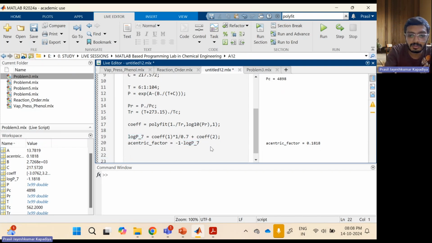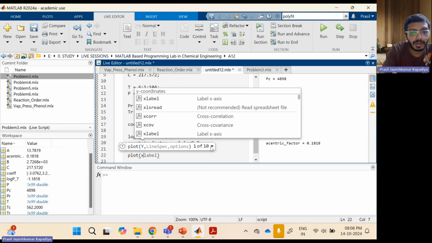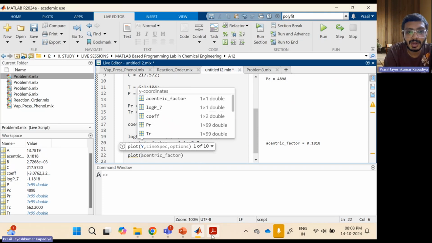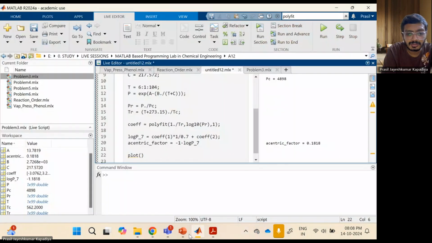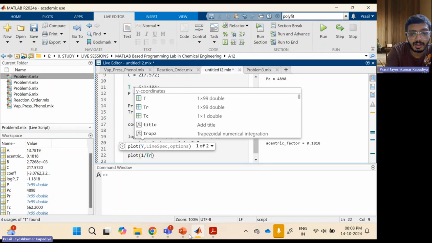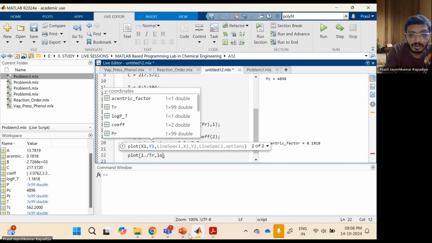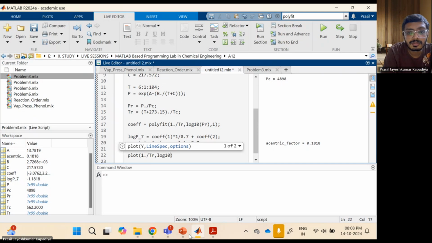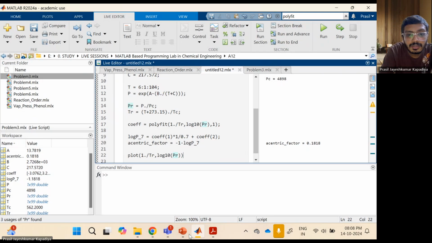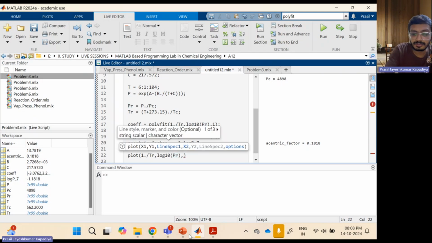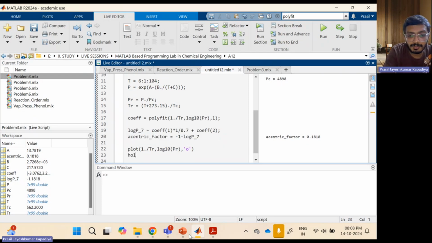If we want to plot, on the x-axis it is 1 by TR, right? 1 divided by TR. And on the y-axis, it is log 10 PR. Then I can keep it like this, and I can use hold on.